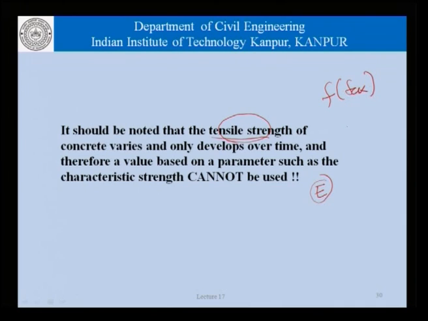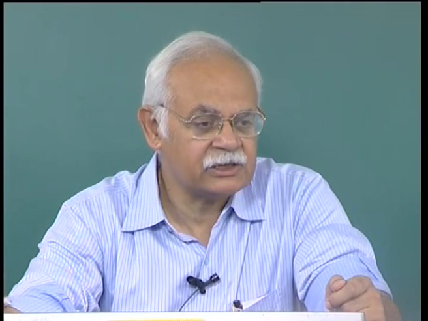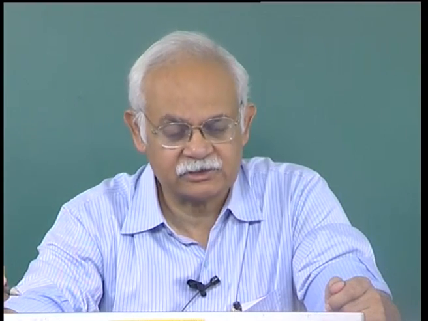But these values are different than those that should be used for mass concrete applications, because these values given in terms of the characteristic strength are valid for mature concrete, concrete which has sufficiently hydrated and gained strength. What we are talking about in mass concrete applications is instantaneous values in the early stages of concrete, and therefore, we need to determine these values as we go along with the concrete construction.